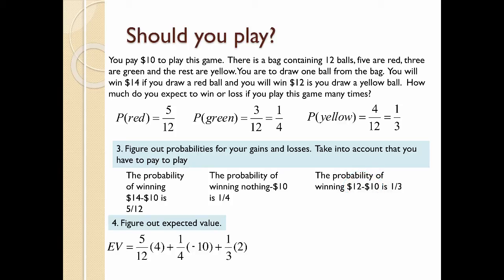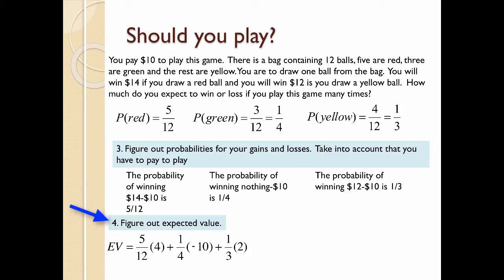So this is how our expected value calculation looks. 5/12 times $4 is what we would come out ahead by doing a red ball, plus 1/4 times -10, so if we draw a green ball, we're losing our $10, plus 1/3 times $2.